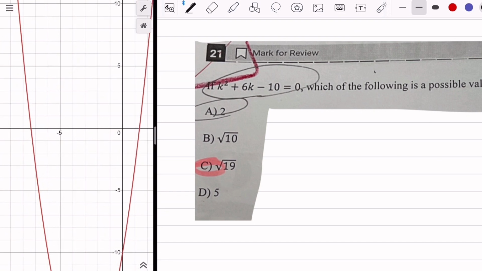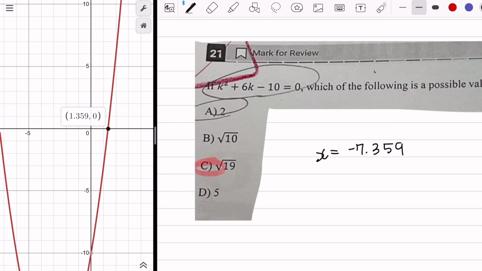Then the solution would be x equal to minus 7.359 and 1.359.